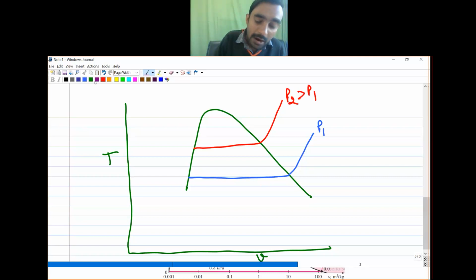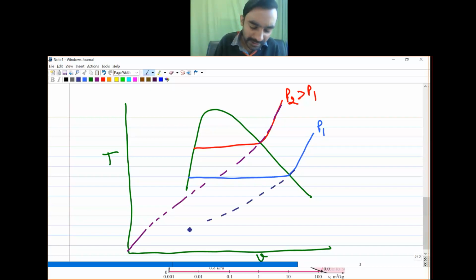Now if I extend this line of P2, and similarly extend this line of P1 also, whatever slope I was having in the P1 region, that slope only I am extending over here.